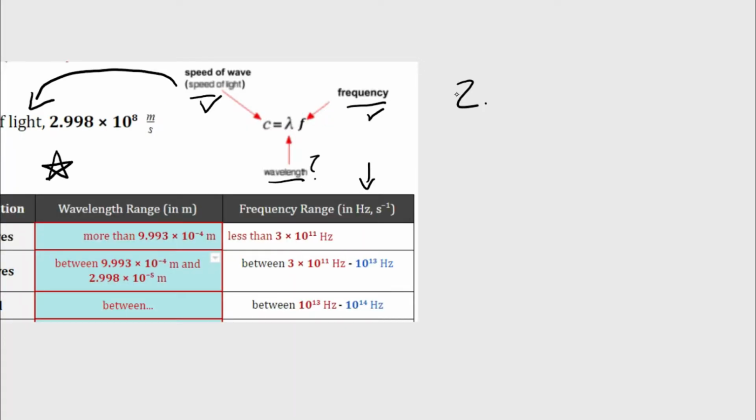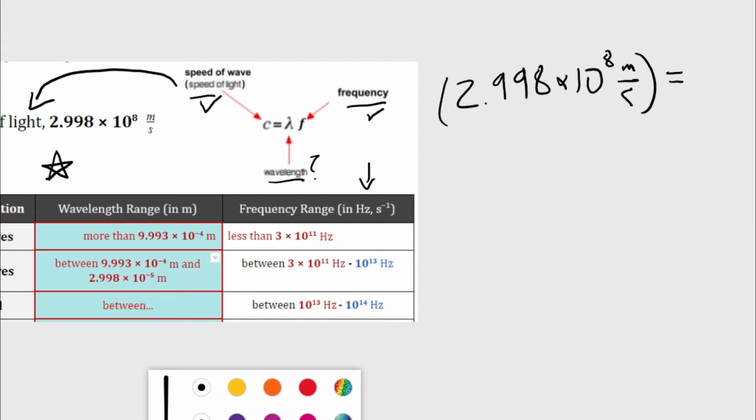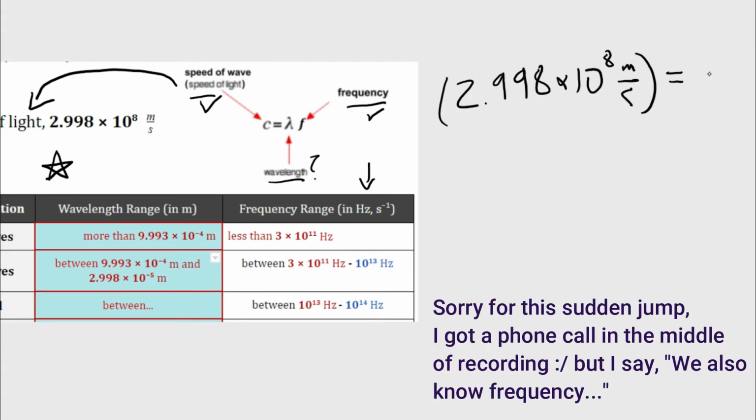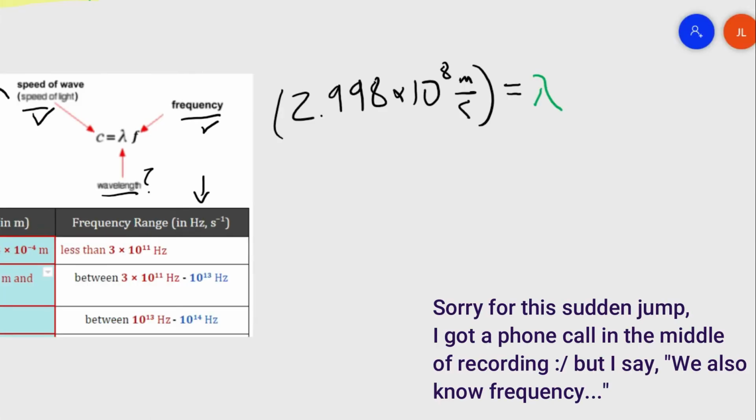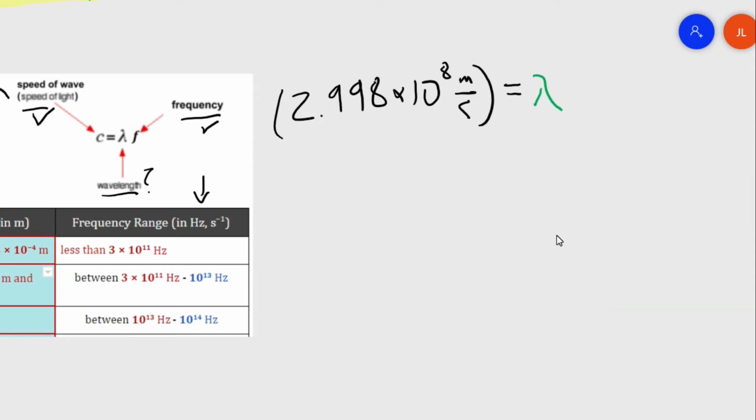I'm gonna go ahead and just write this over here for our first known quantity, the speed of light, which we will replace for c, equals the wavelength that we're looking for. I'm gonna go ahead and write that in green. Also know the frequency. We see this number on the right side of this little chart here, where let's look at infrared waves for now.